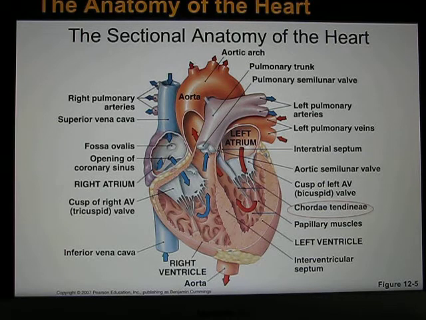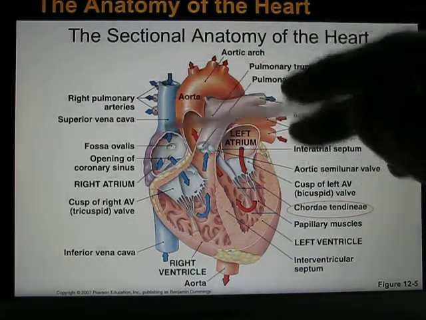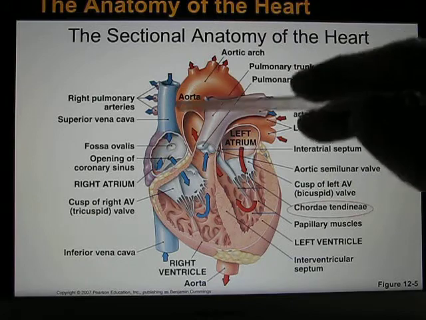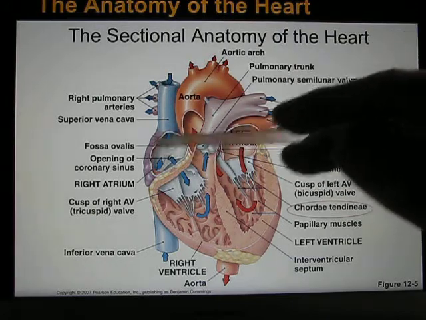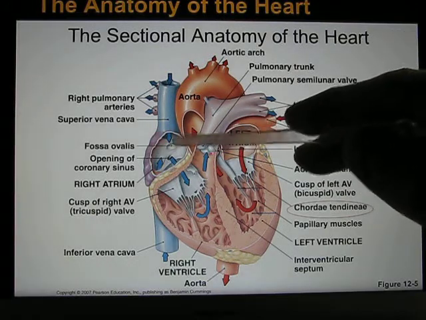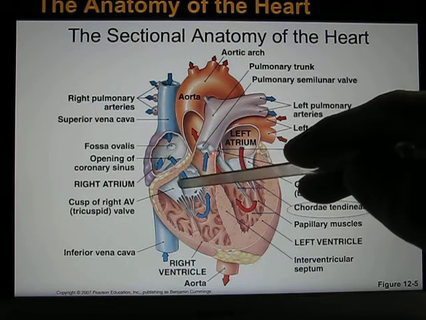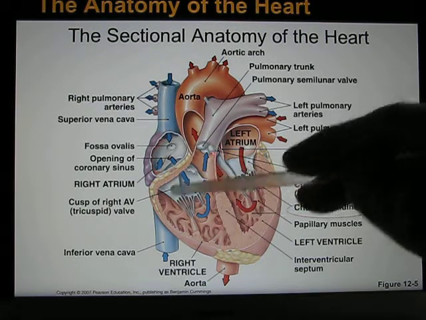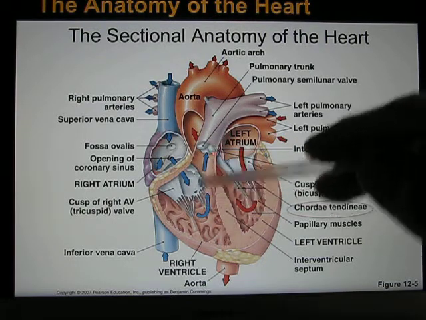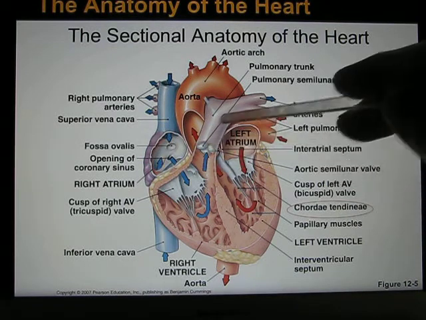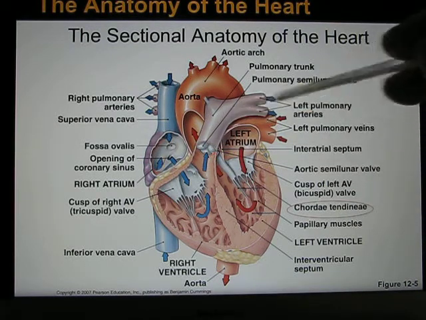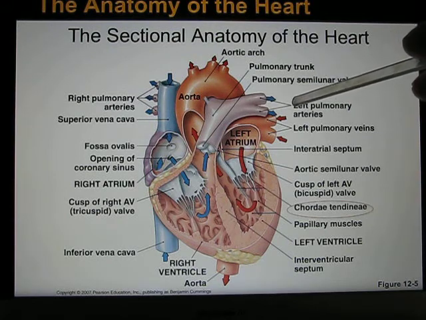So the previous slides I explained start from the vena cava. Those deoxygenated blood will go to the right atrium. From the right atrium, it goes through the tricuspid valve to the right ventricle. And from here, it will go through the pulmonary semilunar valve to the pulmonary trunk and to the pulmonary artery, go to the lung to carry oxygen.